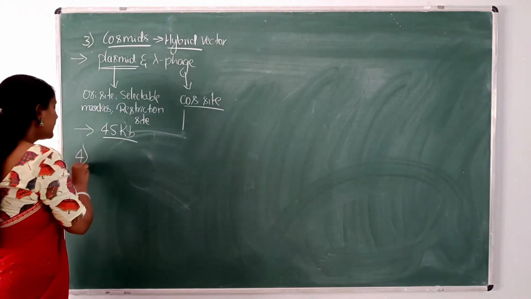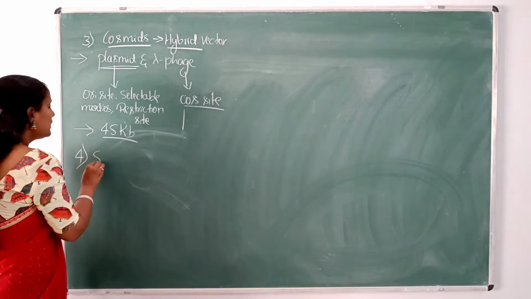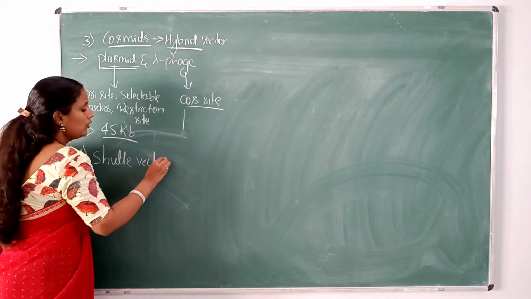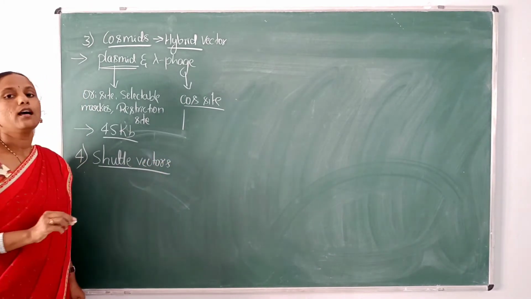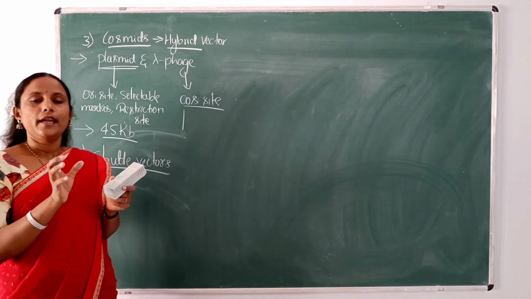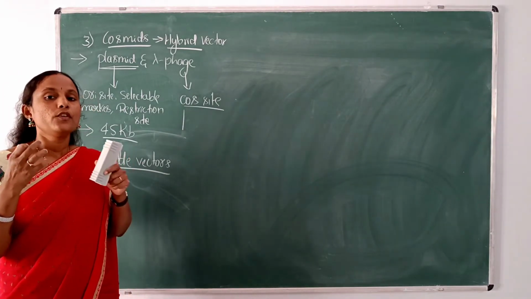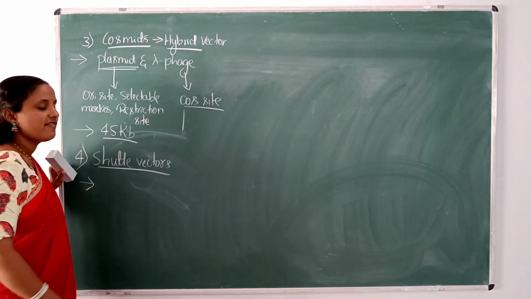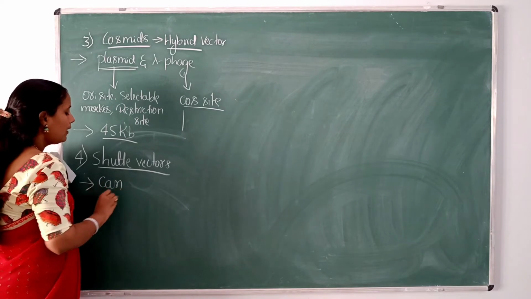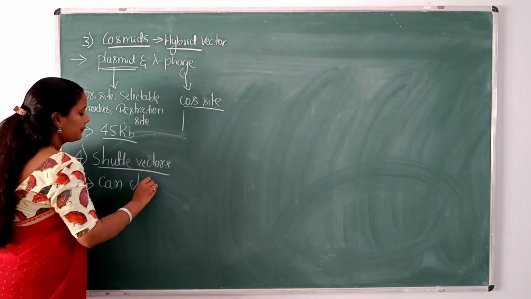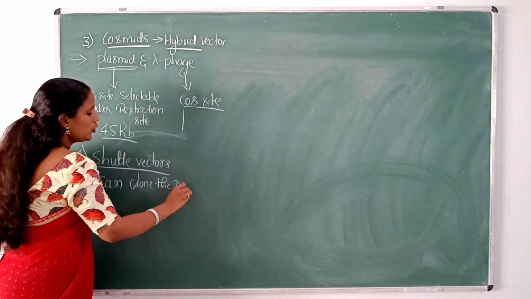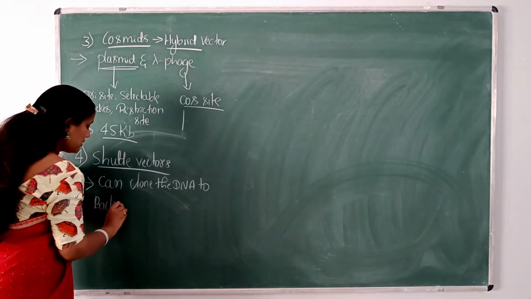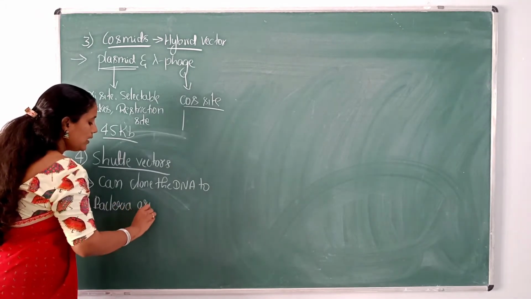And the fourth type of vector is the shuttle vectors. They are also a type of plasmid, we can say. Shuttle vectors are made in such a way that they can clone DNA into bacteria as well as yeast.